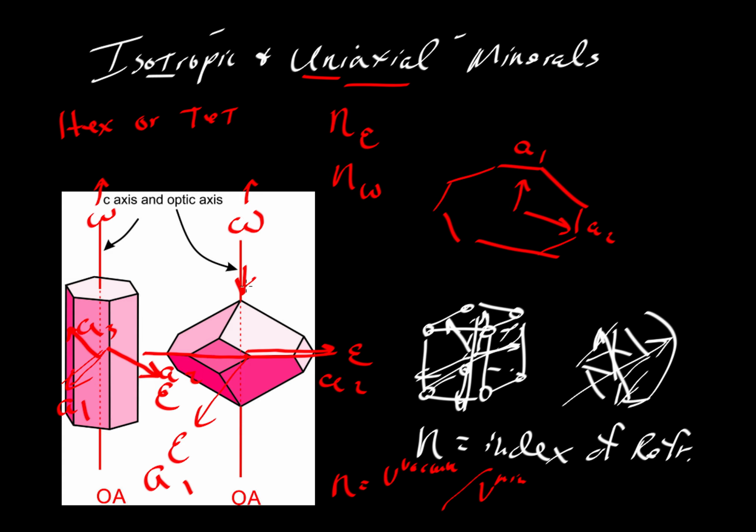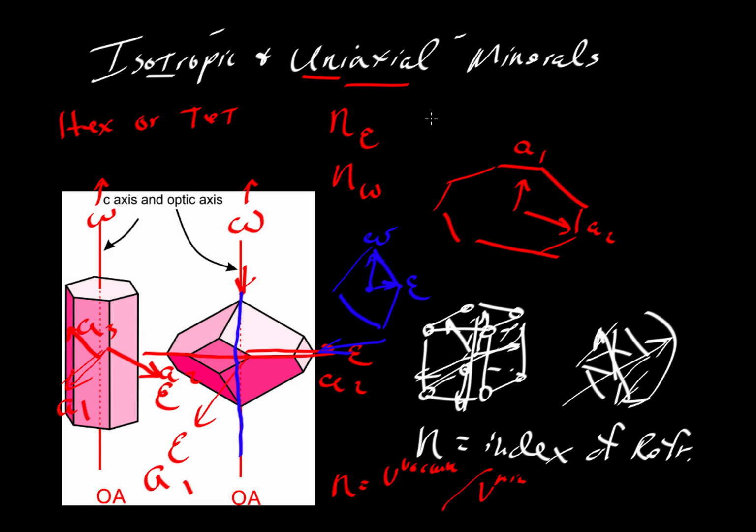But let's say you were to cut the mineral in some other direction. Let's say you were to take a vertical slice through here. So in this case, now you're looking down this direction here. What I've drawn is epsilon, and we'll just draw that face there. You would see that sort of diamond-shaped face there, and then the crystallographic direction over here would be the omega direction, and then the optic direction would be omega here, and then epsilon coming perpendicular and also in and out of the board.